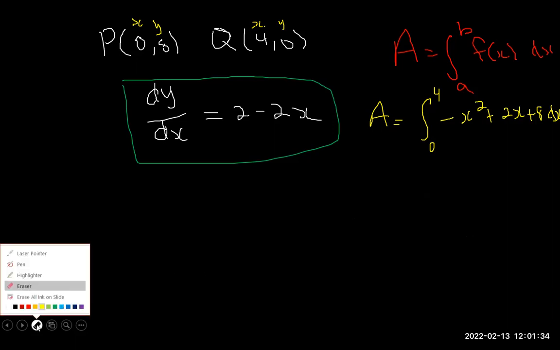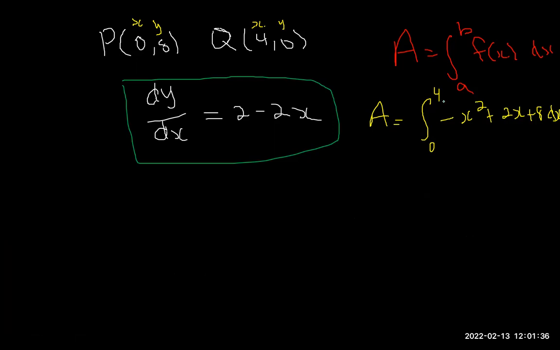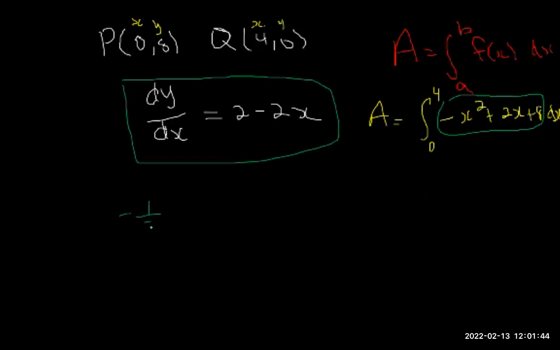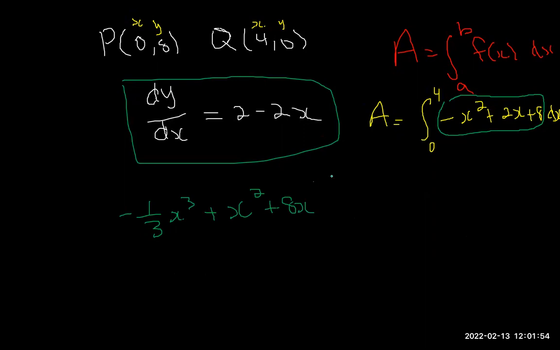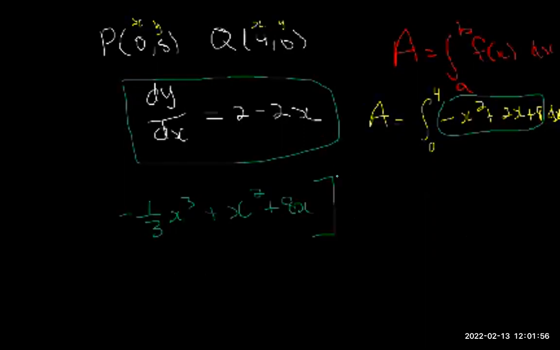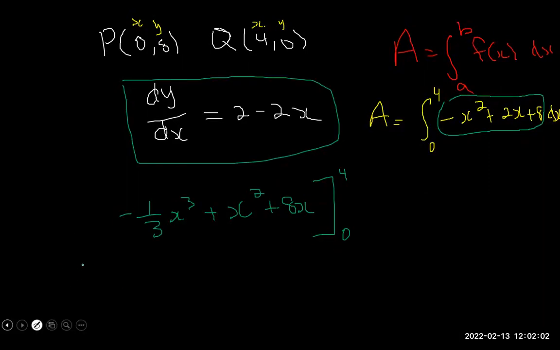So let's integrate this expression right here. If I do that, I'm going to get minus a third x cubed plus x squared plus 8x. Don't forget to put your bracket there. My upper limit is 4, my lower limit is 0. Then I'm just going to substitute my values.